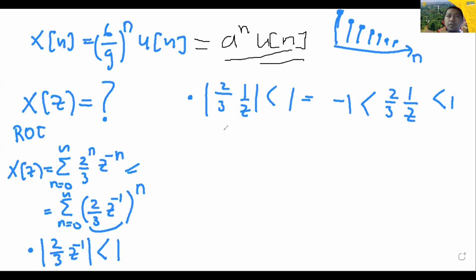So if we get maybe this point, so this one becomes -3/2.